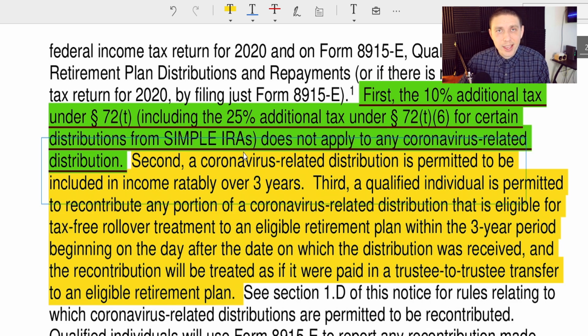The first way is, let's say we took out our $300 from our 401k. We can elect, and that word elect is very important here, as we're going to talk about more in a second. If I want to, I can pay tax in its entirety on this $300 all at once in 2020.